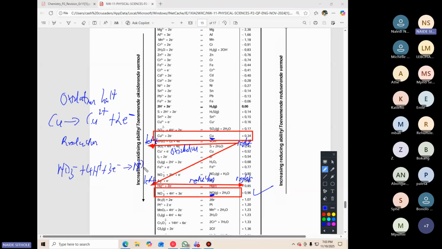So when we are dealing with oxidation, your electrons must always be on the right or on the product side. But when we are dealing with reduction, your electrons must always be on the left or the reactant side. That's the Z method. Hope it makes sense.